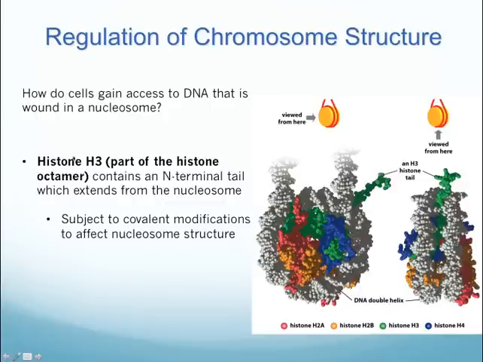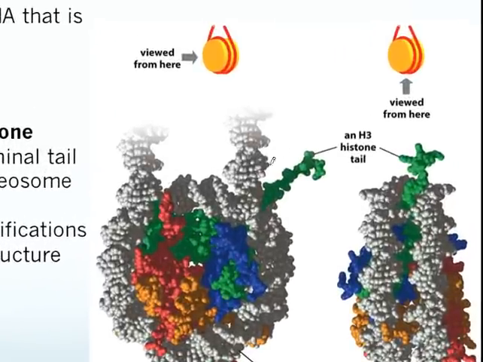Okay, and this is where I want you to focus on histone H3. Histone H3 is a part of the histone octamer. And what's interesting about histone H3 is that the N-terminus of the protein is sticking out of the nucleosome. Okay, so if you imagine the nucleosome here, you'll have kind of histone H3 sticking out of it.